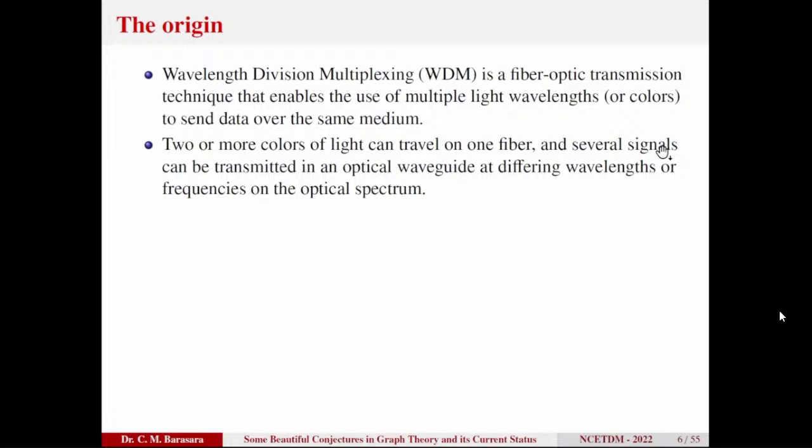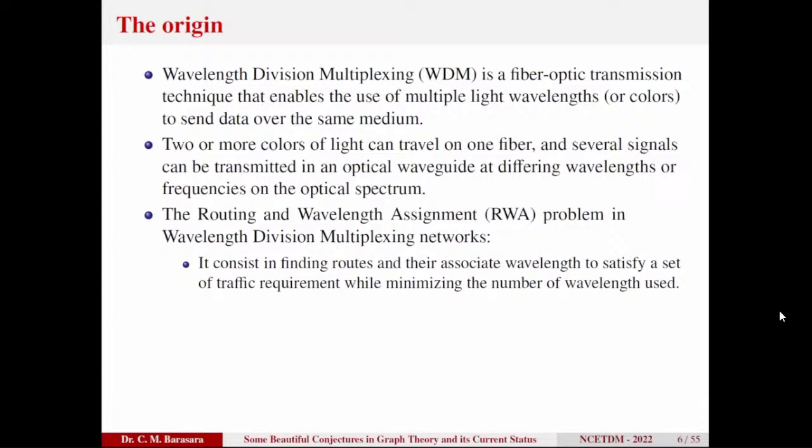Two or more colors of light can travel on one fiber only, or several signals can be transmitted in an optical waveguide at different wavelengths or frequencies on the optical spectrum.